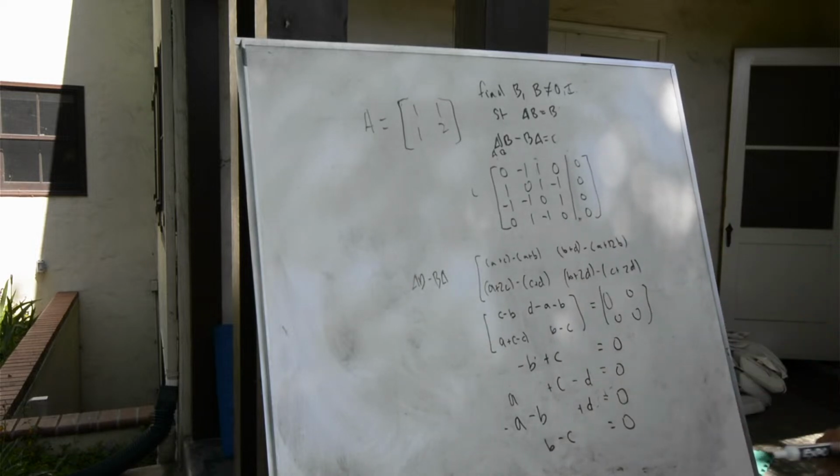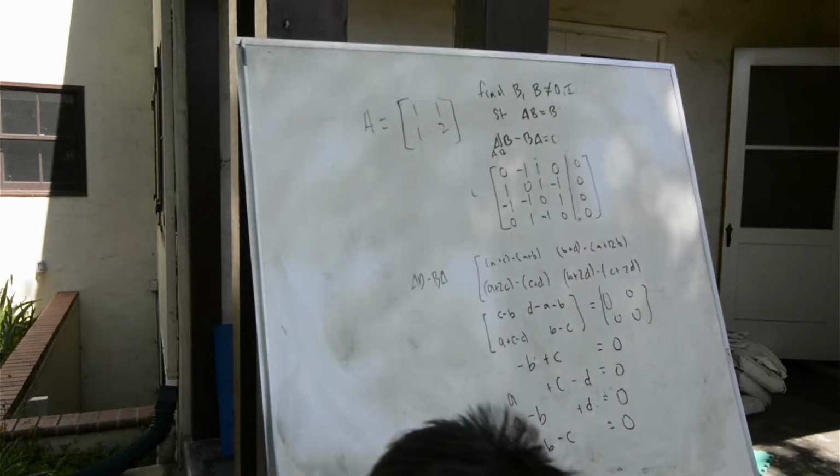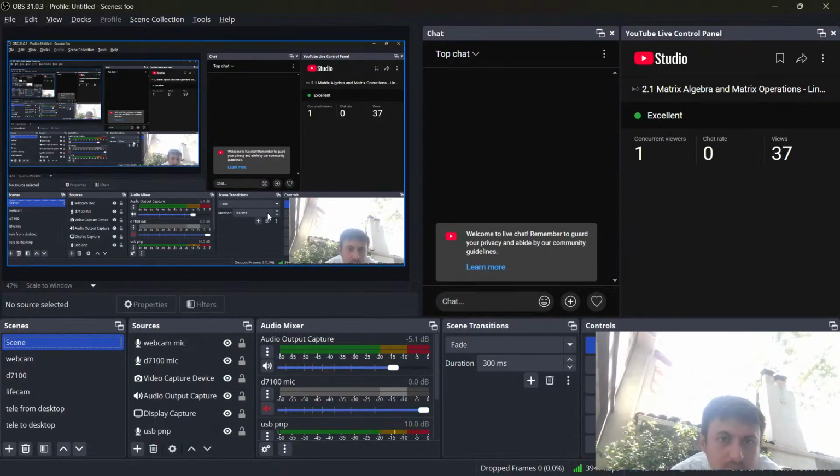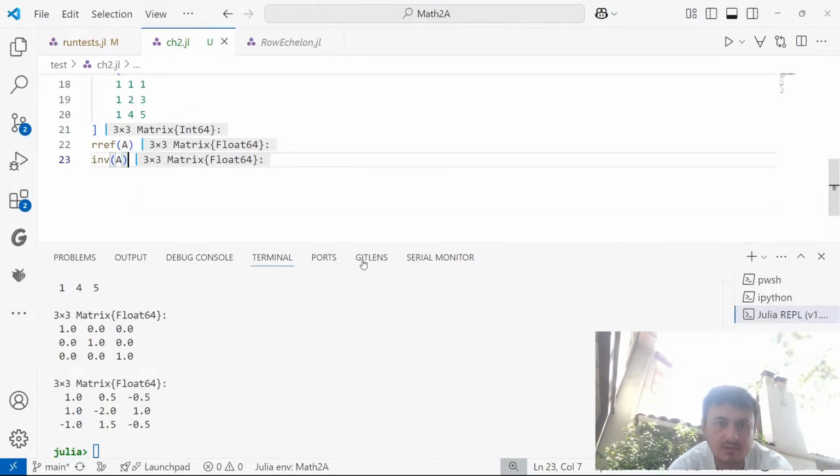So if we just plug that in and, all right, let's just try to reduce row echelon format.